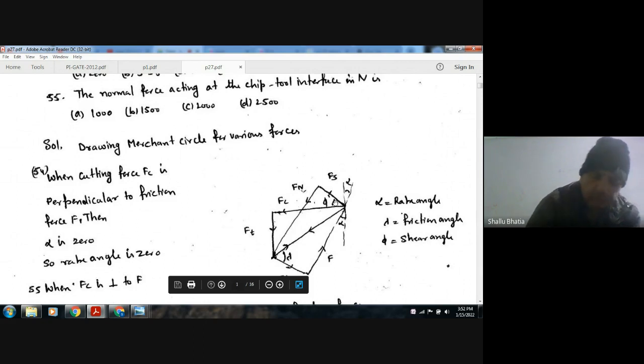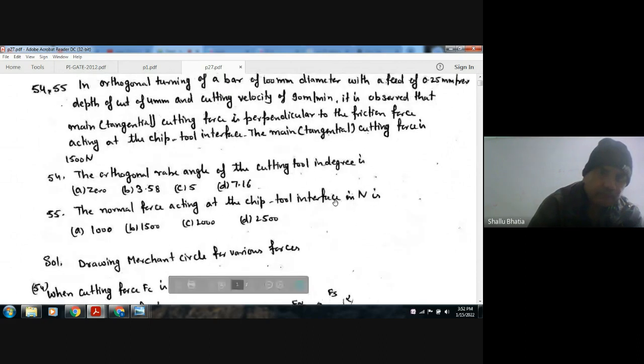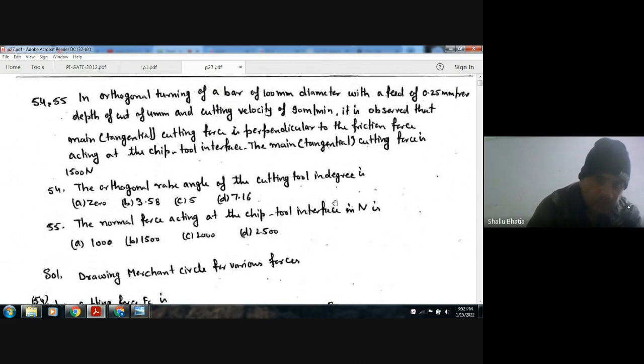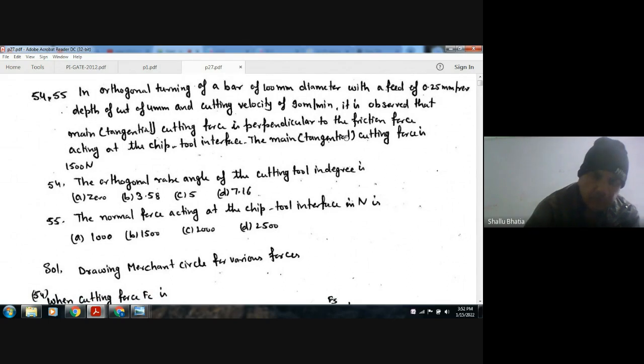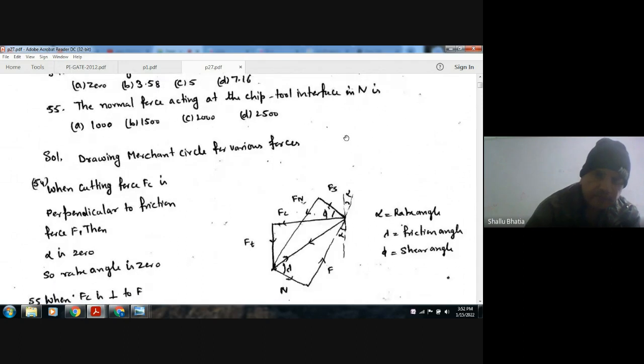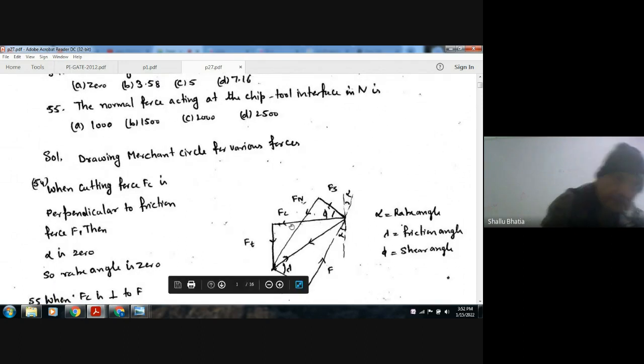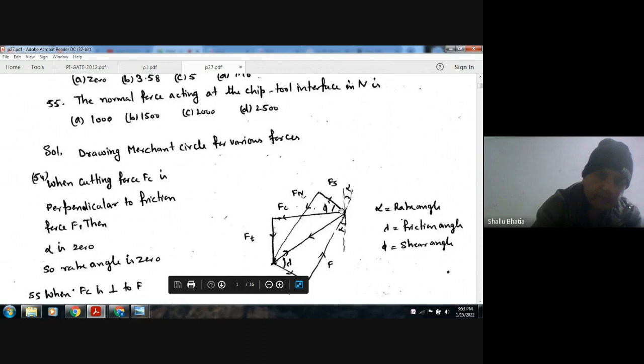It is given that the tangential cutting force is perpendicular to the friction force. Here the friction force is F and this is Fc. When F and Fc are perpendicular, F will become equal to Ft and N will become equal to Fc, and this alpha will become 0.